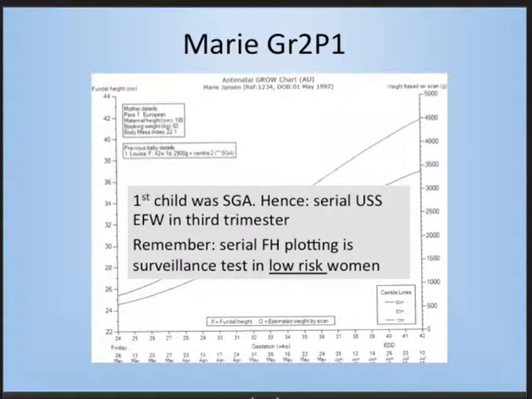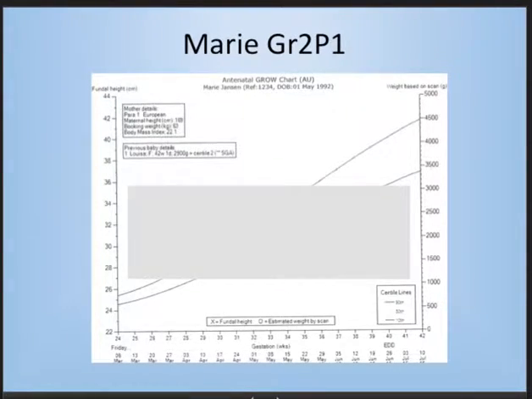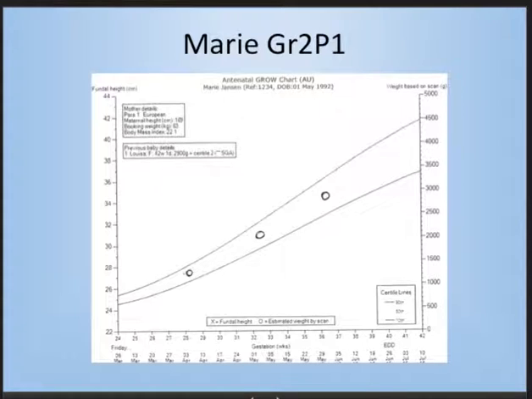Remember, the serial fundal height plotting is the surveillance test for low-risk women. This is an example of estimated fetal weight plotted 3 times in a row on the 50th percentile.